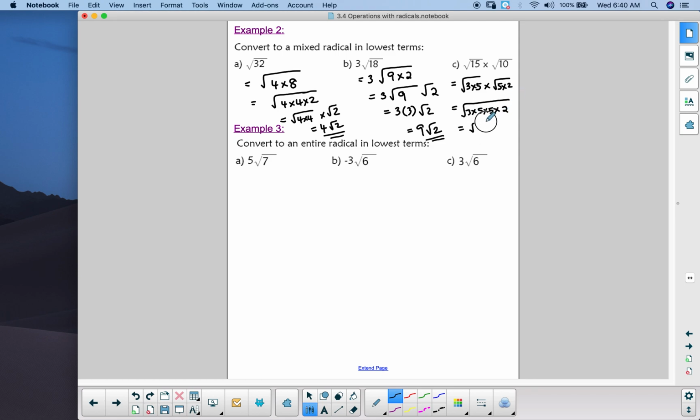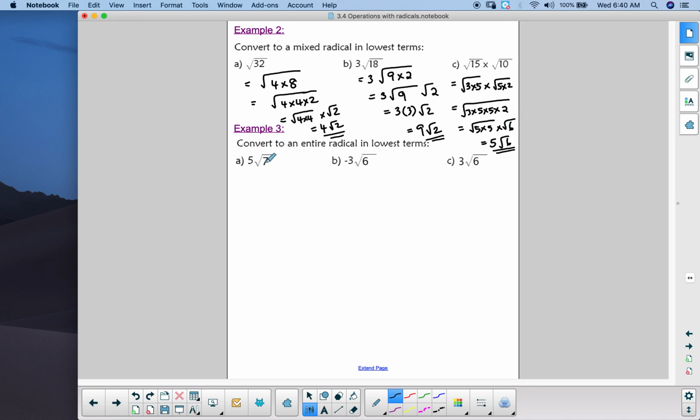So I have 5 times 5 under one radical and 3 times 2 under the other. So square root of 5 times 5 is the same as 5, right? Or it's a square root of 25, which is also 5. So in lowest terms, it's 5 root 6.